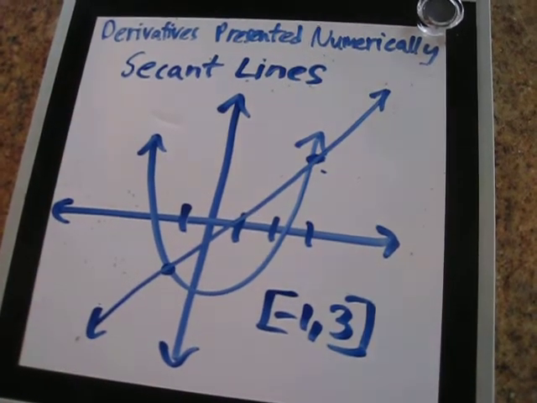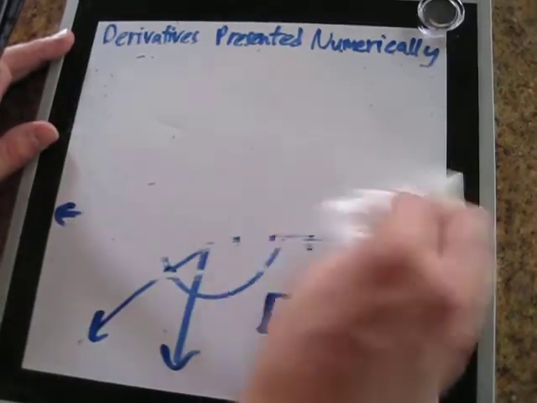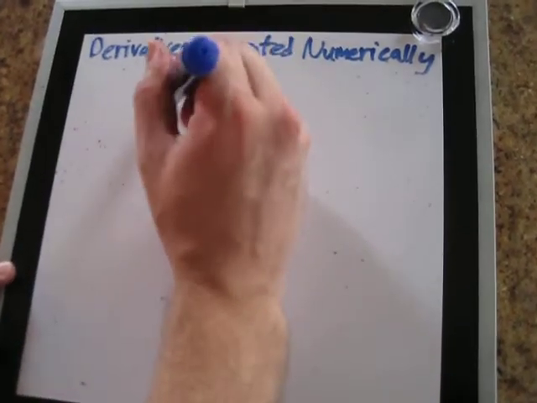So the slope of this line represents the average rate of change of the function on that interval. Now, before we move on, we're quickly going to discuss an application of secant lines, which is average velocity.